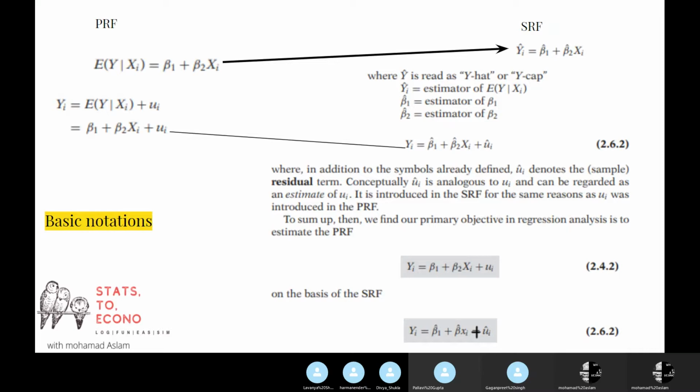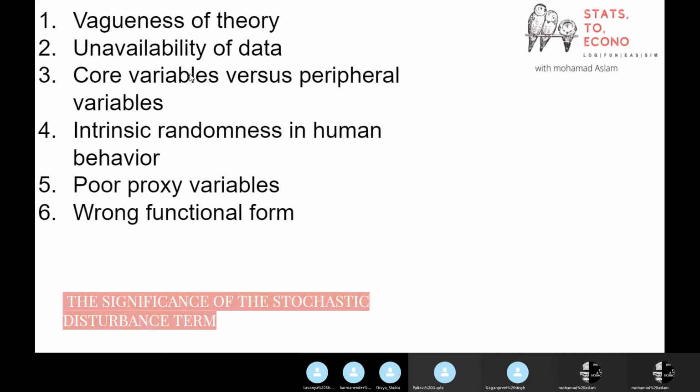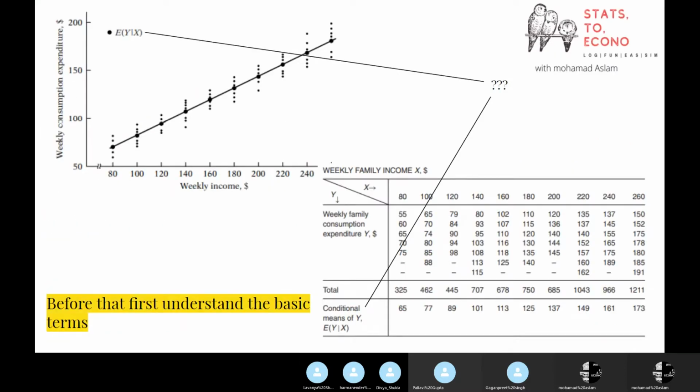But before that, try to understand these notations and basic terms. First, this is the population regression function. If you are working with population data, then the regression function is the expected value of y given x i. Why do we use the expected value and this conditional term?